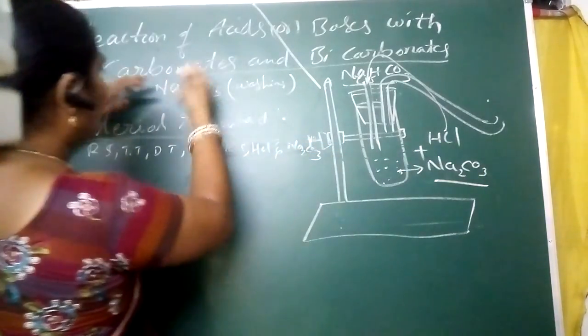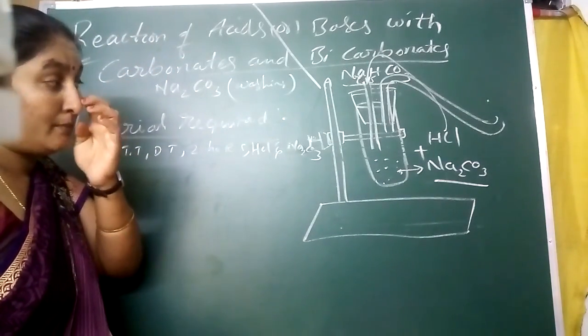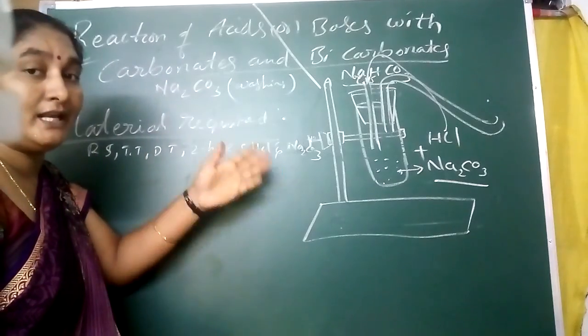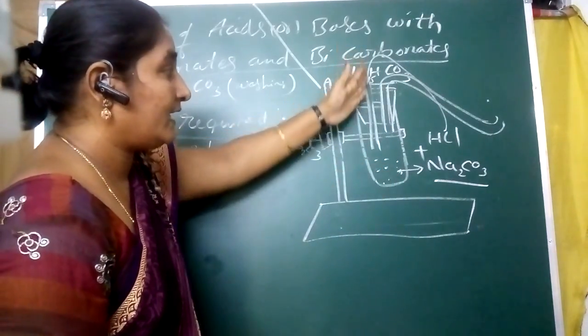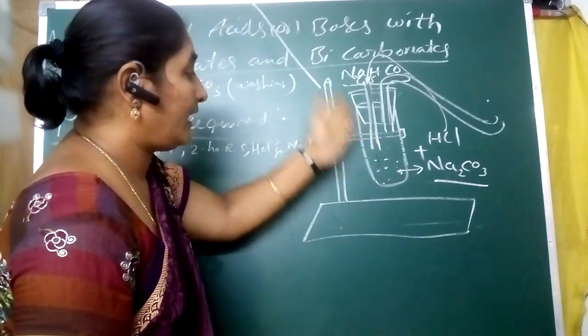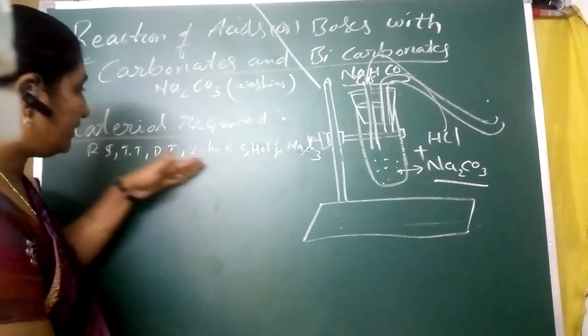That means your aim: carbonate, washing soda you are taking there. Somebody may think it is very difficult, but it is very easy. Washing soda only you are taking here and HCl, the acid, adding to this Na2CO3. That you have to write.